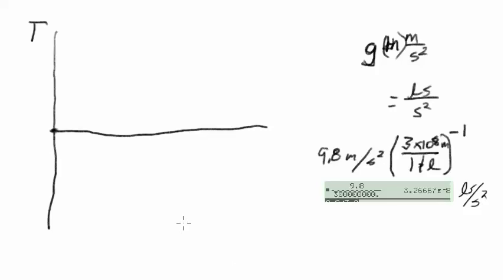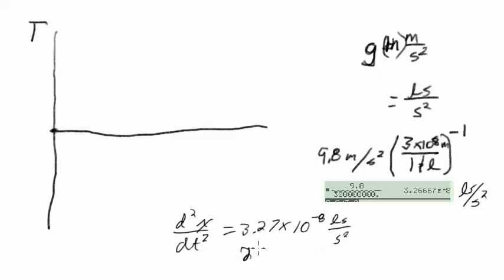But you can write d squared x over dt squared is equal to 3.27 times 10 to the negative 8th light seconds per second squared.